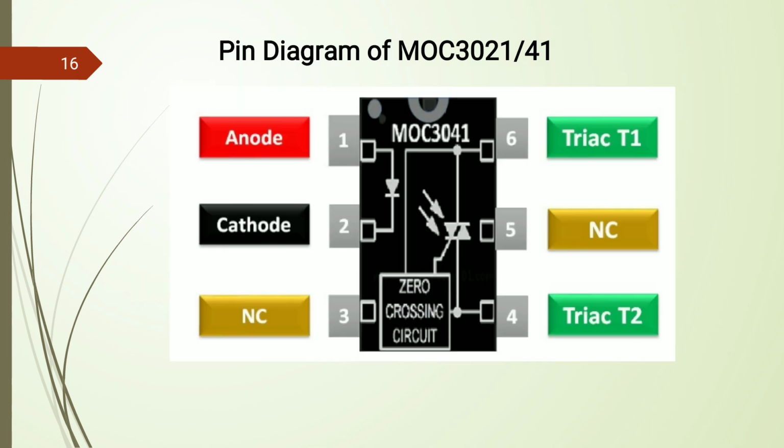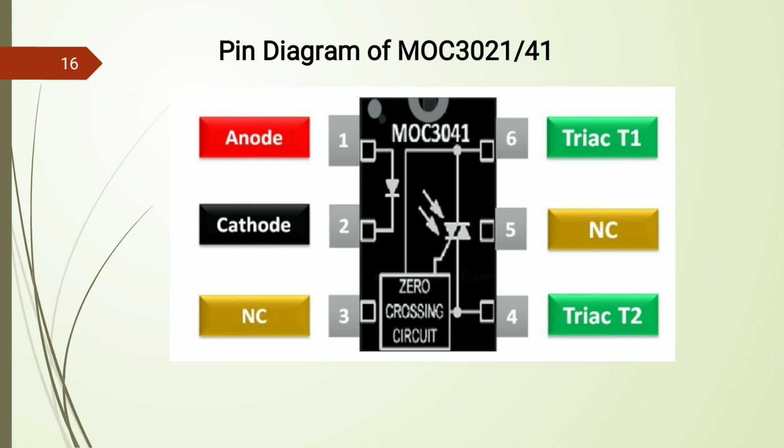So the pin diagram for MOC 3041 is as shown in this slide. Here 6 terminals are there. Out of these 6, 2 terminals are not connected, that is pin number 3 and pin number 5. At pin number 1 and 2, a diode is connected, so anode and cathode terminals are mentioned.